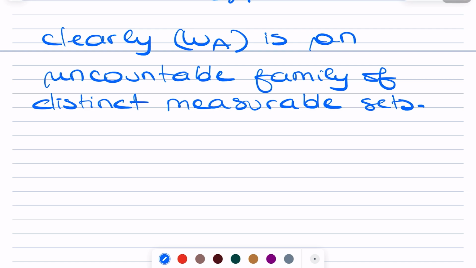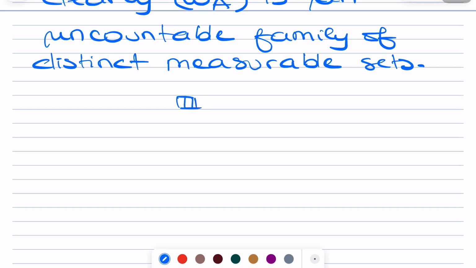So with this we end the proof that L infinity is not separable.